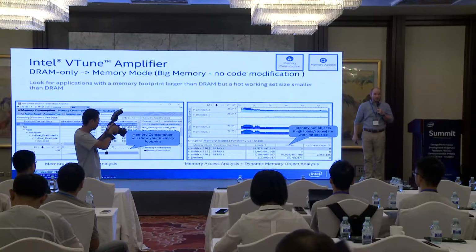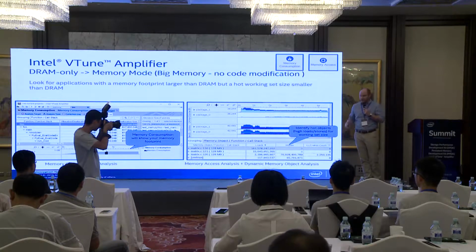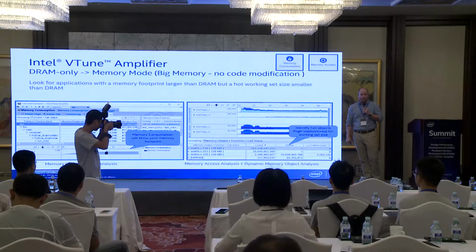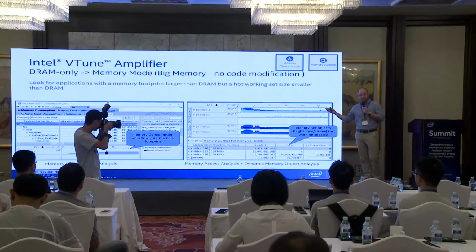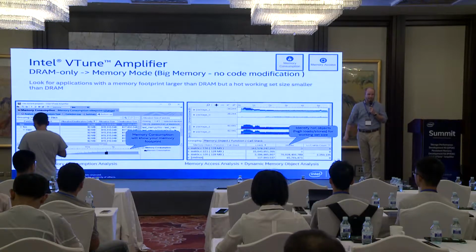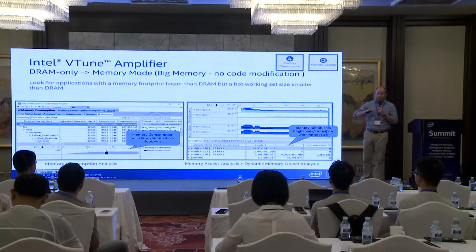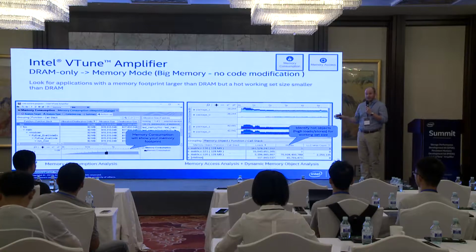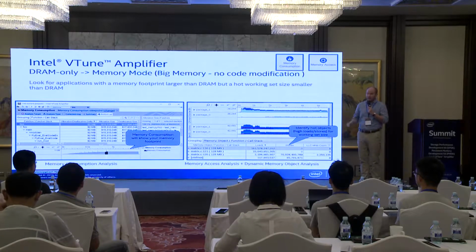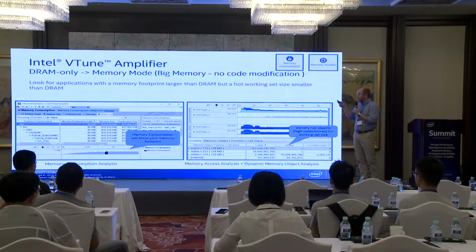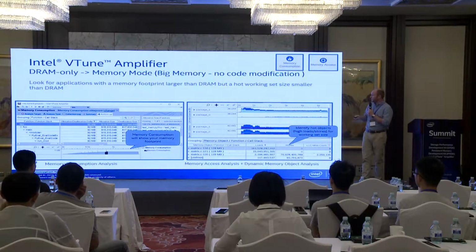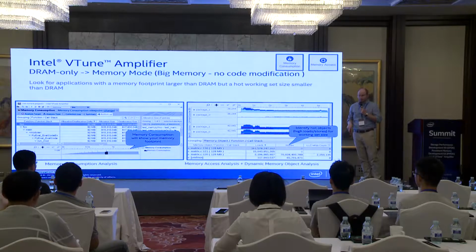Maybe before you had 128 gigabytes of DRAM, and now you plug in 1.5 terabytes of Optane DC persistent memory, and all of your applications see 1.5 terabytes of memory. Your coders don't need to change anything. There's nothing that needs to be done with allocation. It's all done automatically. And this mode is very useful for applications that require lots of memory, right?